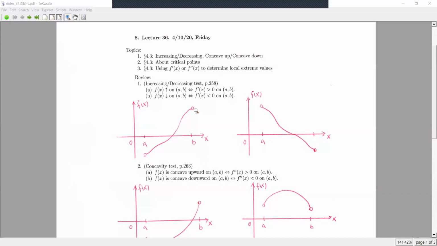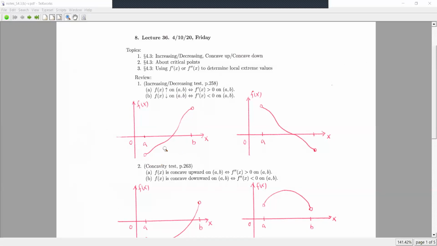I place 2 open dots at the 2 ends of the curve because the interval that I am considering is an open interval. An open interval doesn't contain the 2 endpoints. Therefore, I place 2 open dots at the 2 ends of the curve.